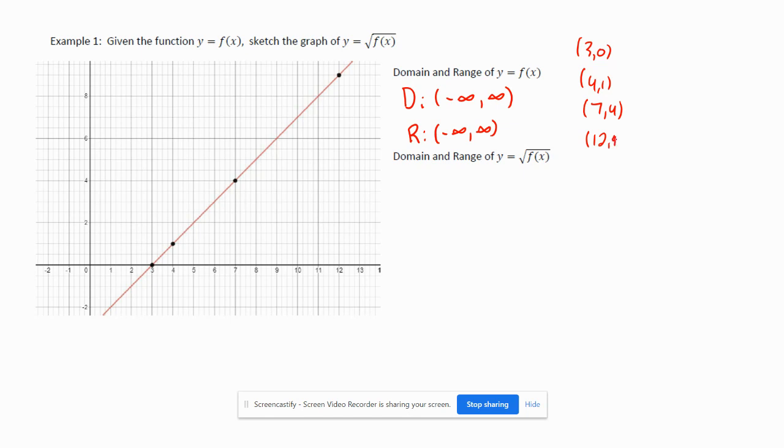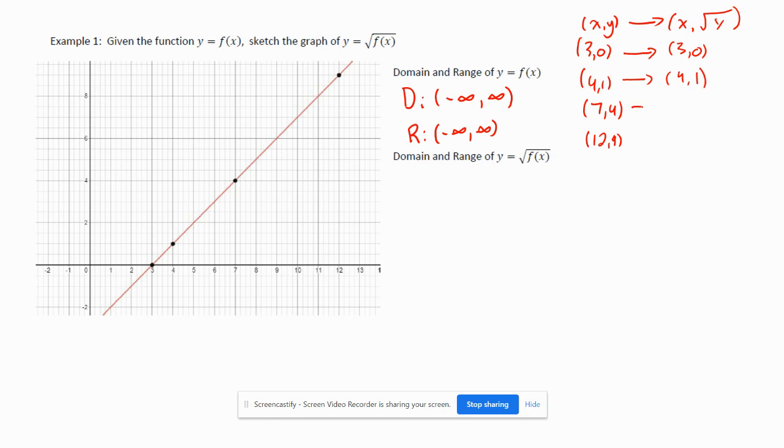Again, for this type of transformation, (x, y) becomes (x, square root of y). So (3, 0) becomes (3, 0), since the square root of 0 is 0. The point (4, 1) also stays at (4, 1): the x value stays the same, and the square root of 1 is 1.